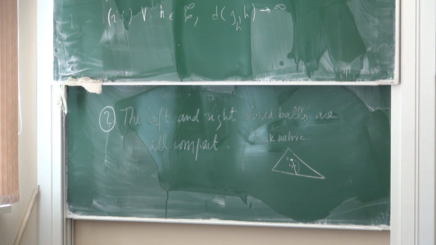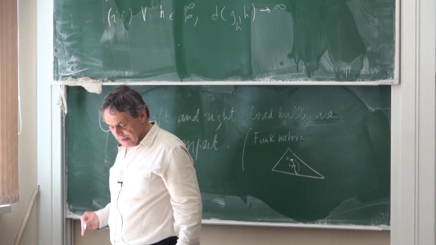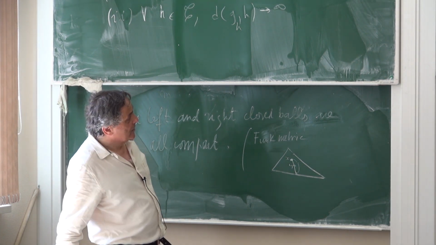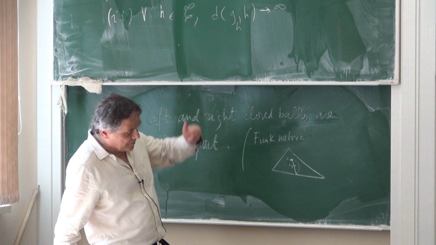You see, as I said, the Teichmüller space carries this Teichmüller metric, which we know is complete. It carries this metric, which also will be complete.